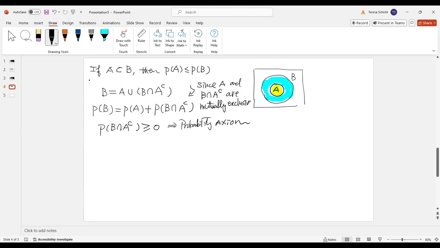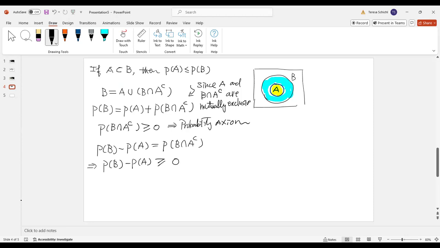Now if I move terms, P(B) minus P(A) is equal to the probability of B intersect A complement. But this one is always greater than or equal to 0, so P(B) minus P(A) is greater than or equal to 0.